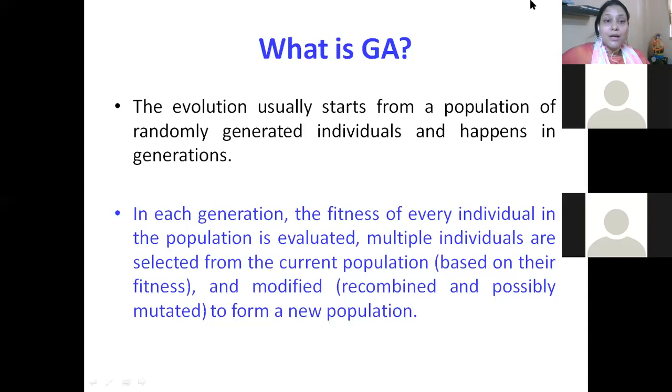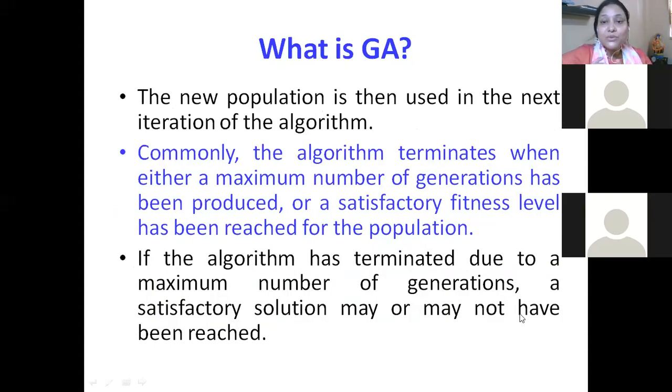So the new population we have now obtained is ready to be used in the next iteration of the algorithm. That means whatever process we followed to create the first generation is going to be repeated until we get the optimal solutions, or until the algorithm ends if we have set a number of iterations in the beginning of the program.